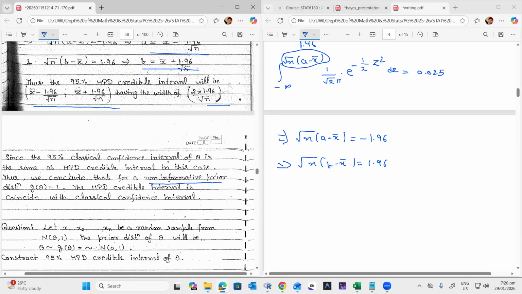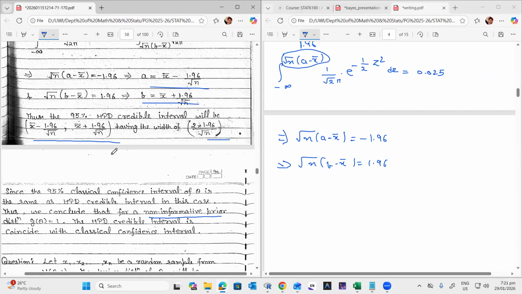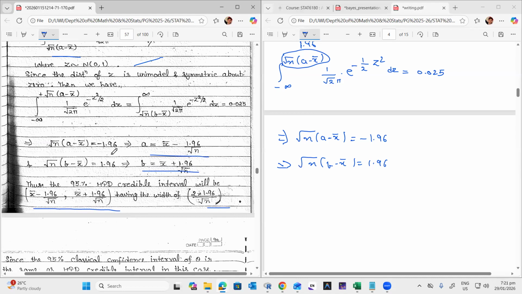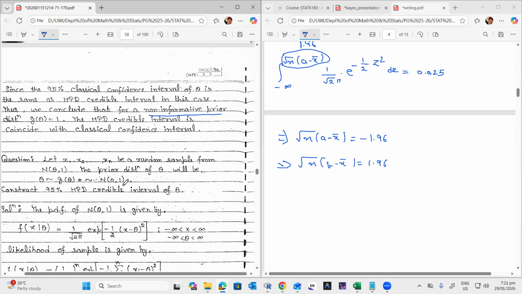Since the 95% classical confidence interval of theta is the same as the HPD credible interval in this case, we conclude that for the non-informative prior g theta equals 1, the HPD credible interval coincides with the classical confidence interval. It will remain the confidence interval.